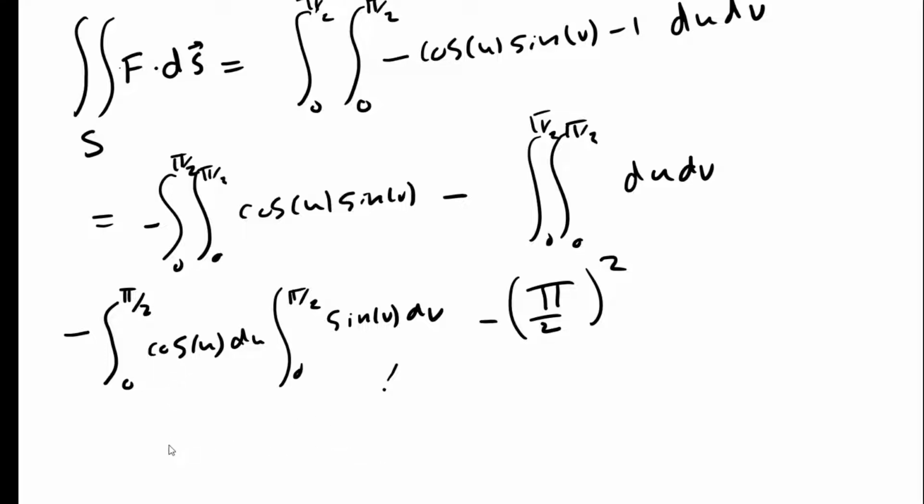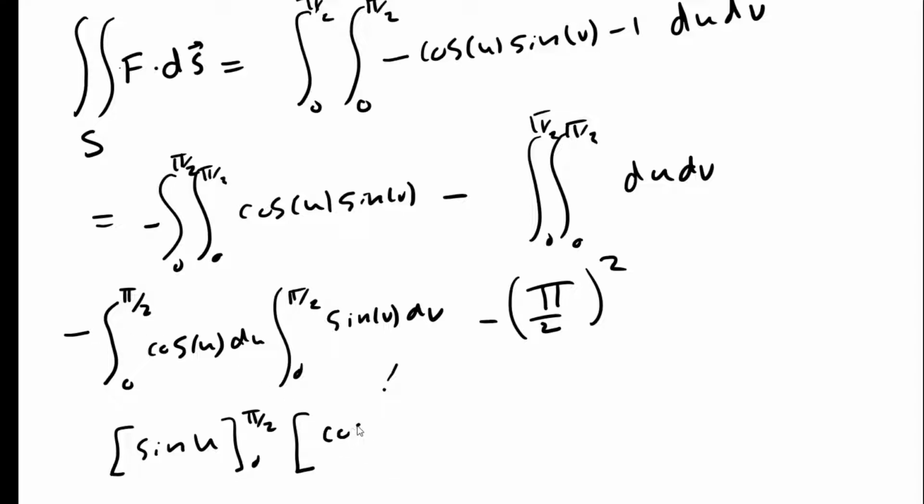So I start integrating. Integral of cosine is sine, so that's just sine of u from 0 to pi over 2, times the integral of sine, which is negative cosine. That's where that negative cancels out.